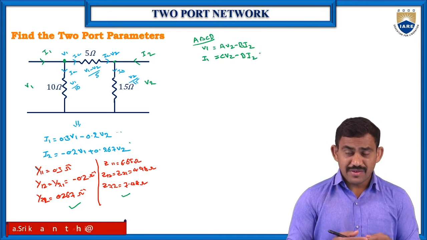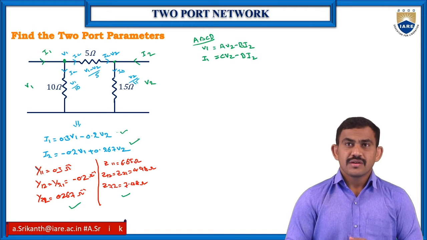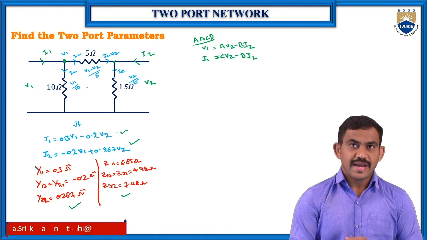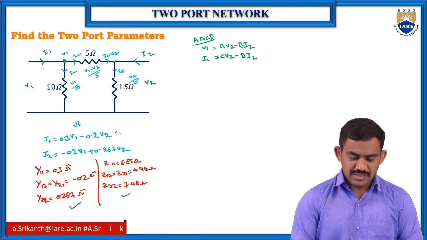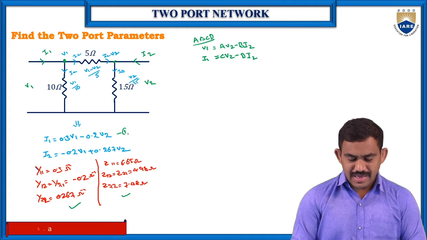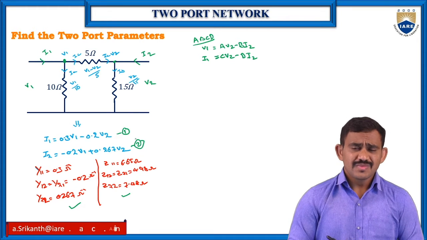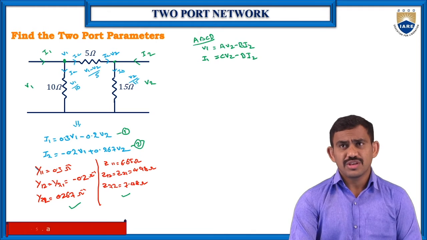So these are two equations for ABCD parameters. Now just compare with your two equations which we have. From that circuit, which circuit do we have? That pi network. From pi network we have two equations. Just compare these two equations and write the ABCD values. Again, it's very simple. Otherwise, you can go for the conditions also. So which conditions we have? I2 equal to 0.